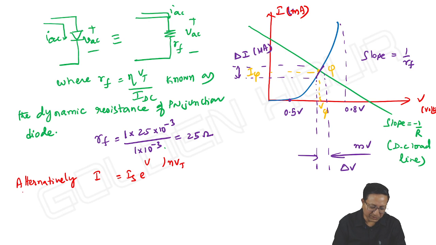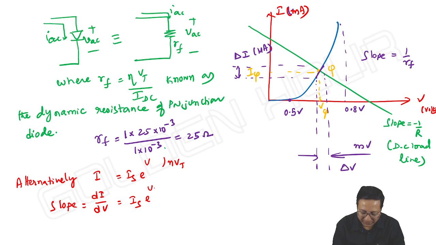Then how to get the slope of the tangent drawn to this curve? Take its first derivative. We write di by dv, which is nothing but the slope. It is equal to IS into e power V by eta Vt, times 1 by eta Vt. IS is a constant, and the derivative of e power V by eta Vt is e power V by eta Vt multiplied with 1 by eta Vt.